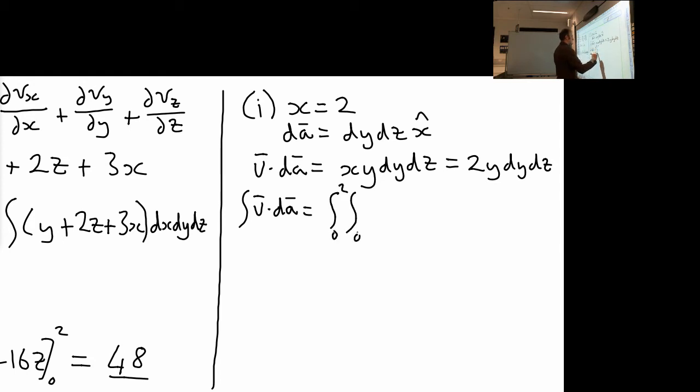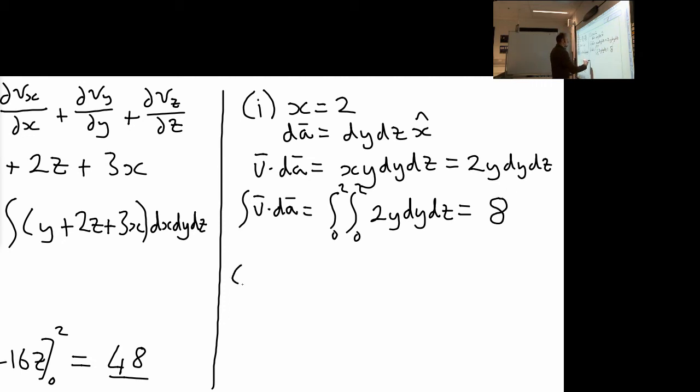We do the integral with respect to y first, so 2y squared over 2 gives y squared, so we have 4. Integrating with respect to z, we get 4z, and this will give us 8.